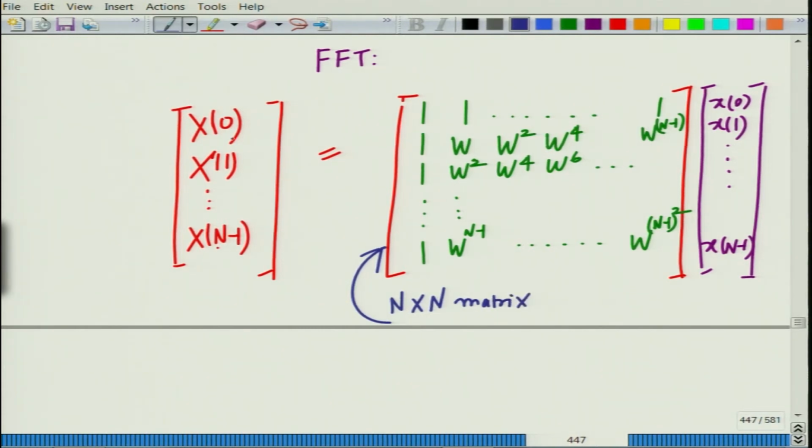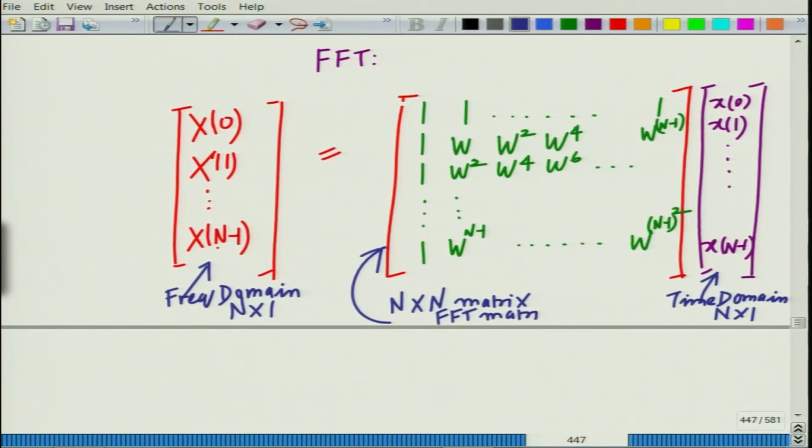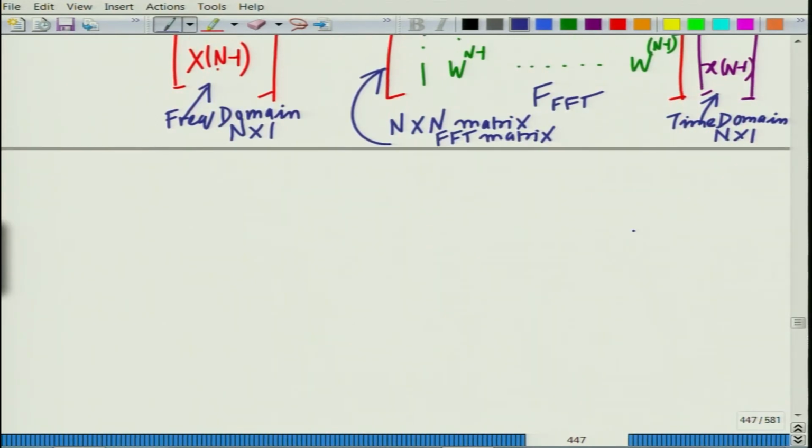So, this is the frequency domain vector, this is N cross 1, and this is the time domain vector, and this is the N cross N matrix, what you call the FFT matrix. I can denote this by F. What is this quantity W?